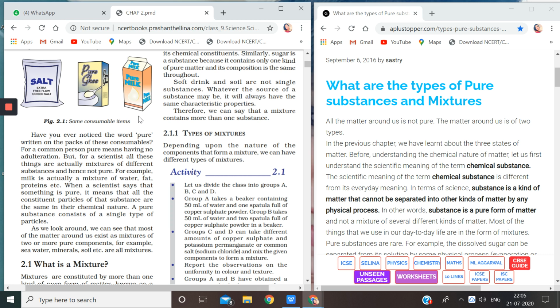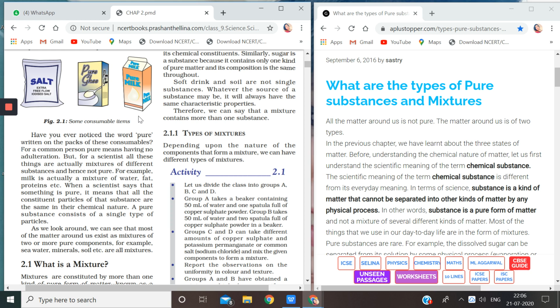Because it contains no other particles, only one kind of particle or one kind of matter, it is pure. Similarly, a glass full of water is pure because it contains only water. But if I ask whether a glass full of lemonade is pure, what should be the answer, children?